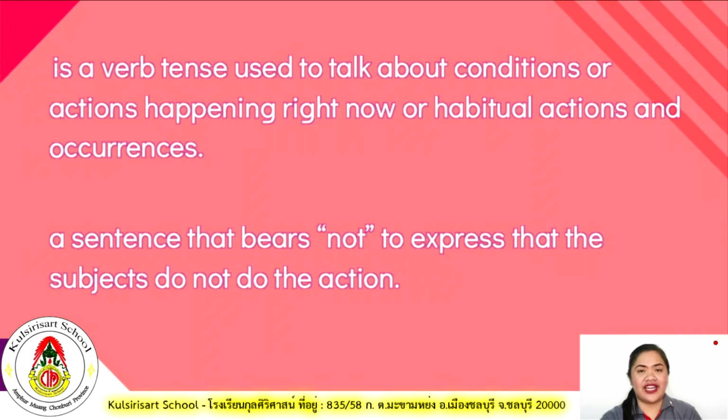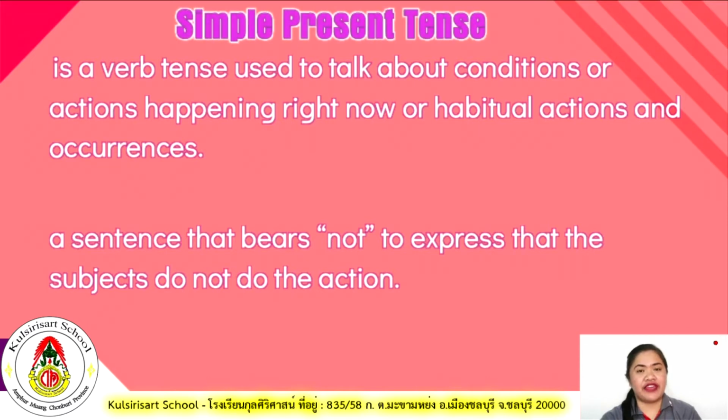Let us define what is simple present negative sentence by knowing each word. We have here the first one, simple present tense. Class, this is just a review because I know that in your previous years of learning English grammar, you have learned about simple present tense.